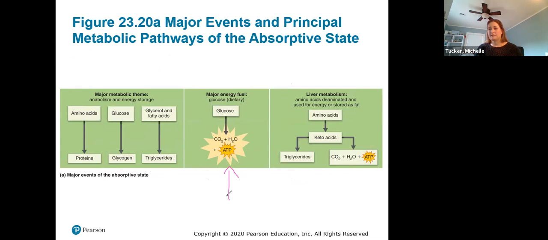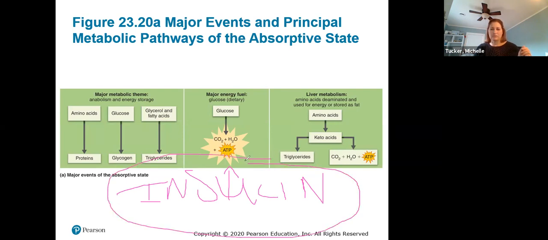It also increases glucose uptake. But if you're going to take up glucose, you should use it as fuel. And all of this is under the control of insulin. This is why diabetes is really a monster of a disease that people underestimate. So insulin rules the absorptive state.